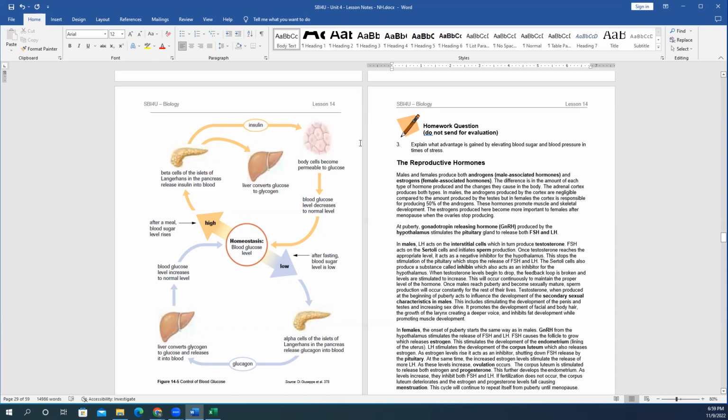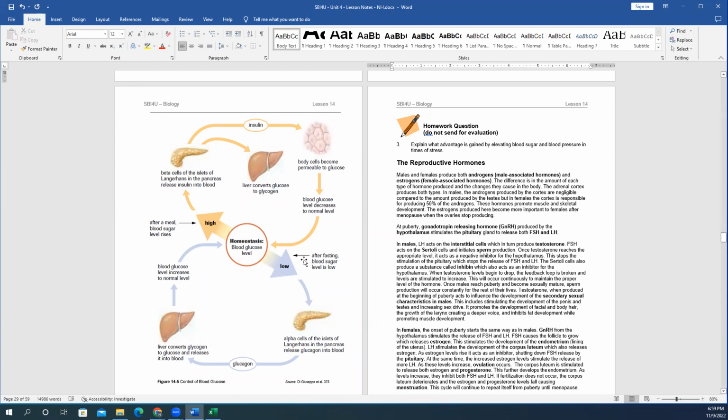But it also targets other cells within the body to make them more permeable to glucose, meaning that it permits more glucose to enter from the blood into these cells to be metabolized. The result of both of these is that the glucose that was in the blood is now removed from the blood, and blood glucose levels decrease and come back down to the normal level of 0.1%.